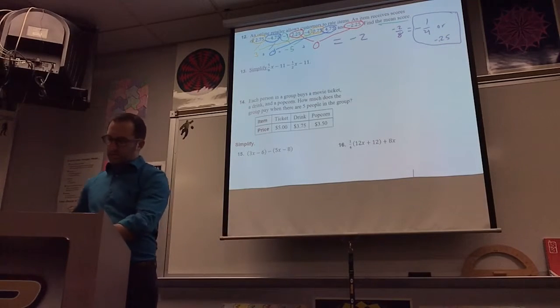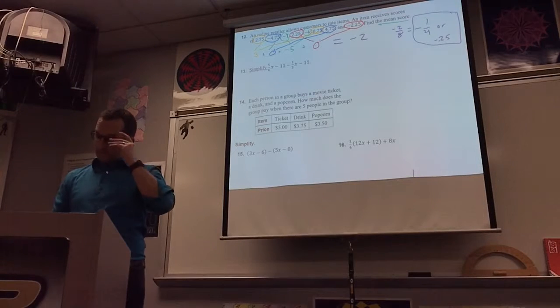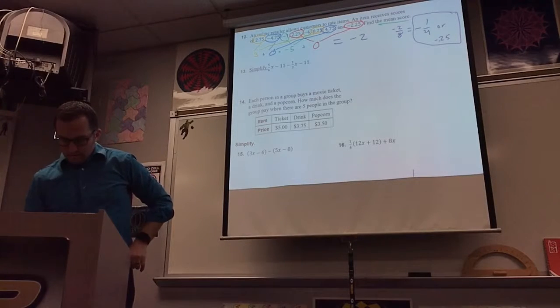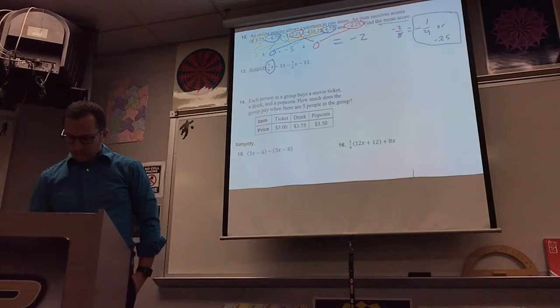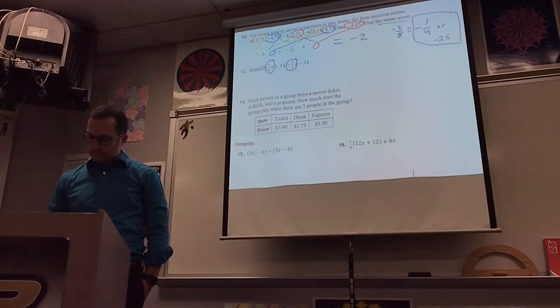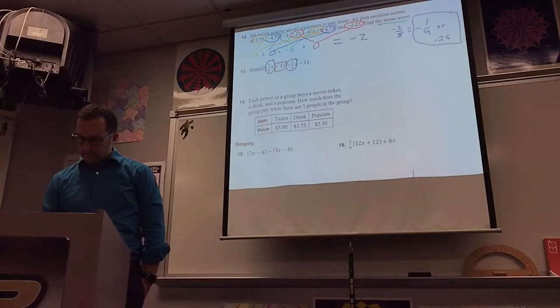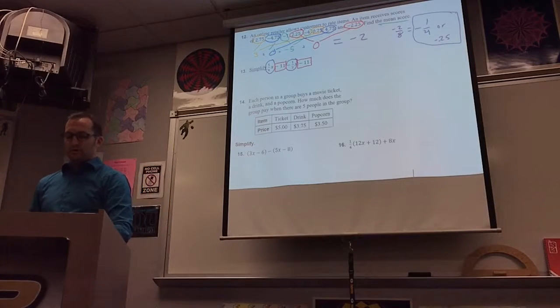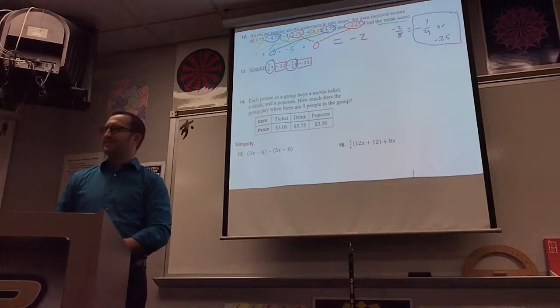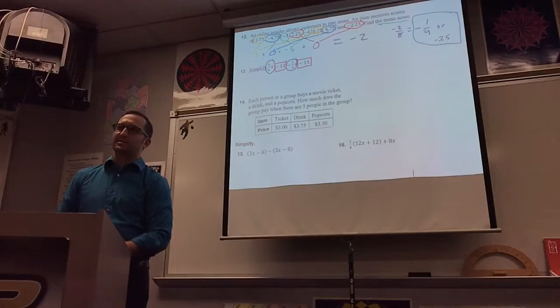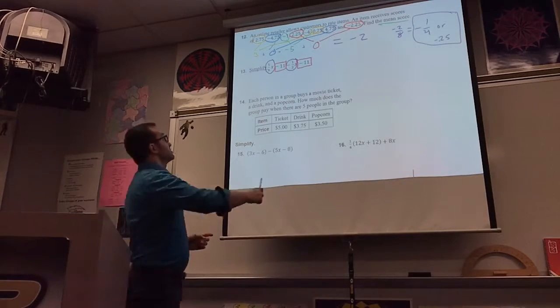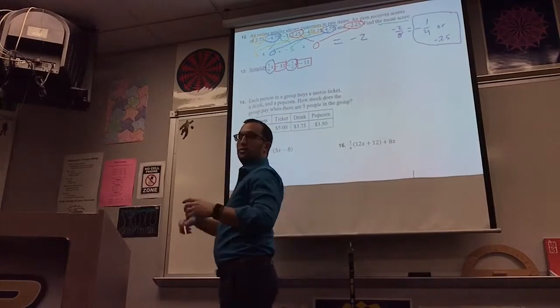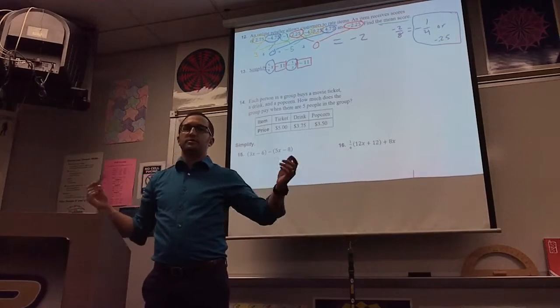We're gonna start number 13, but I wanna get down to number 15, okay? Why did I circle those? The X. What do we call those? What are these things called?